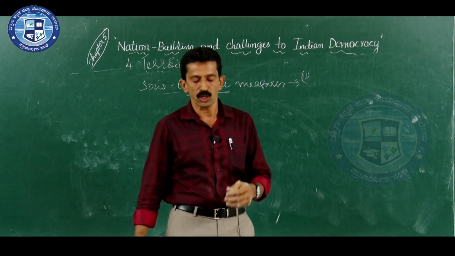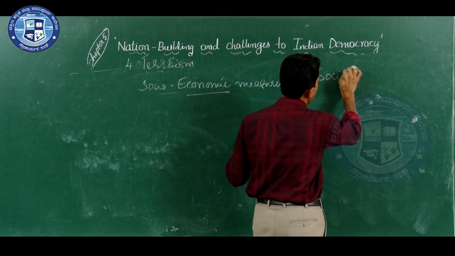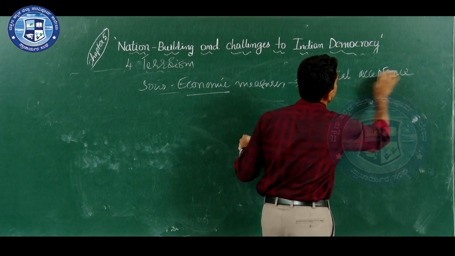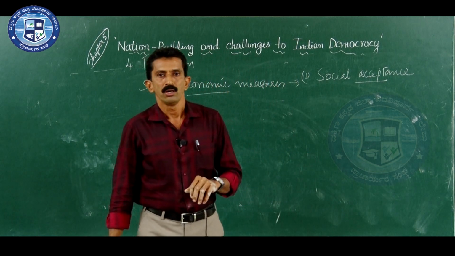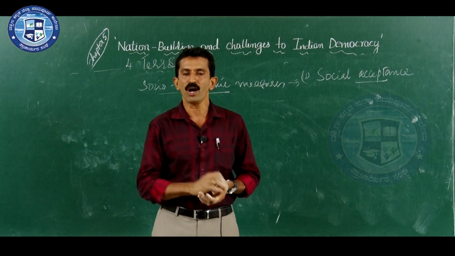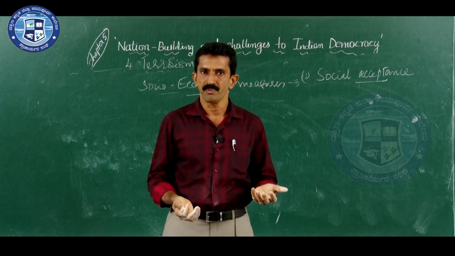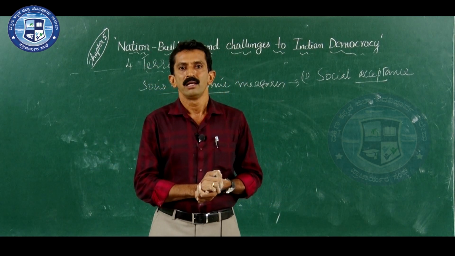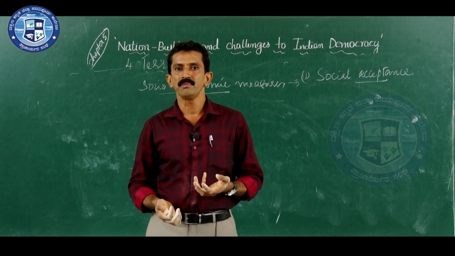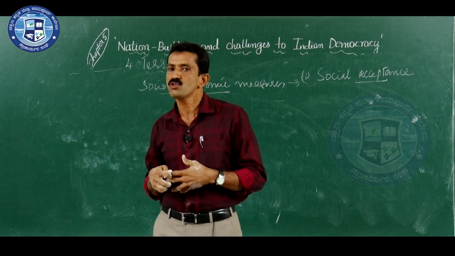The first socio-economic measure which the government, or the society also, can take is social acceptance. For one reason or another, an individual can become a terrorist. Because of social evil, he can become a terrorist. But after some days, he may understand the real picture of terrorism, he may repent and want to come back to the mainstream of the society.